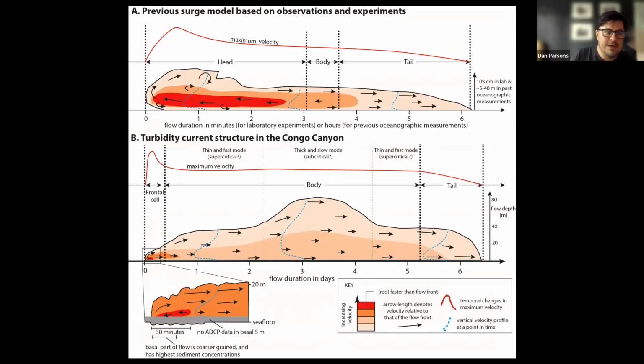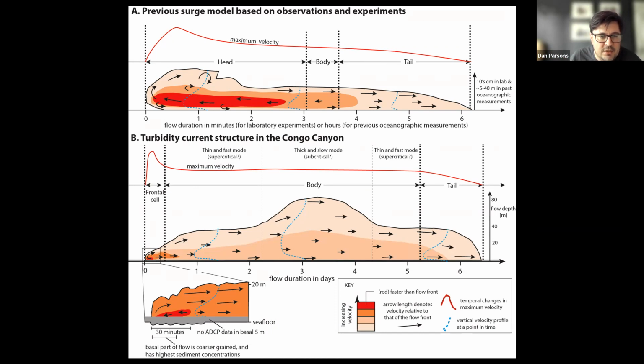So that's allowed us to recreate a new model for turbidity currents and their structure in the deep sea. And this is a major advance for us. It's looking at how we have this surge model from experiments.